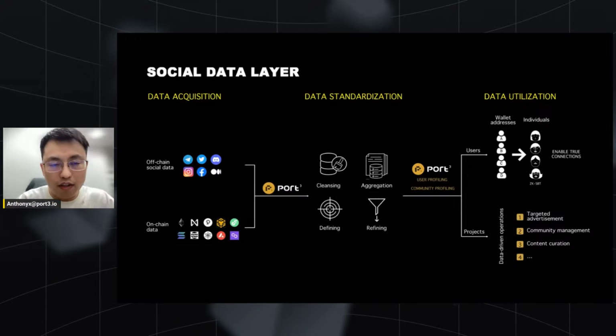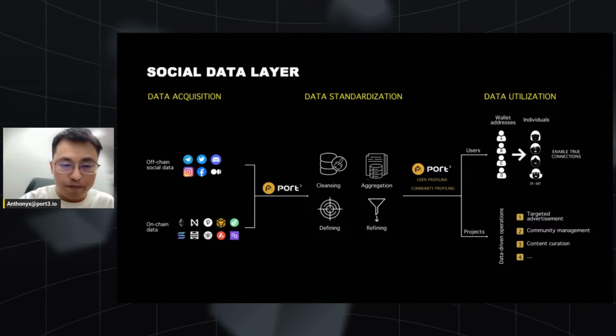After we acquire data from both off-chain and on-chain, we do a series of processes. First is cleaning, because we know that social data is scattered, centralized, and non-standard. So we need to clean it to filter out spam and advertisements.